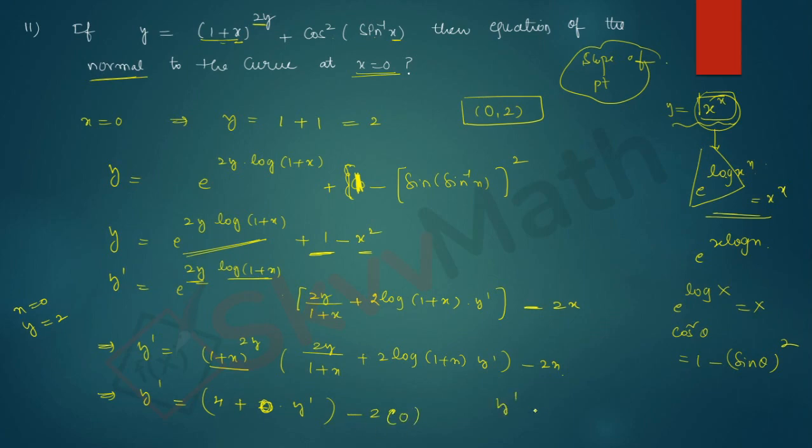So what is y dash value here? Here we got y dash is 4, means slope of the tangent line at the given point is 4.